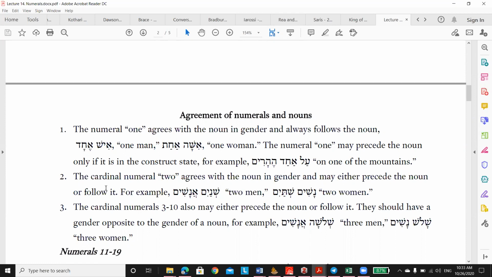And the cardinal numeral 2 agrees with the noun in gender, as we already noticed, and it can either follow or precede the noun. There is no difference. All other numerals from 3 to 10 can also be put either before or after the noun. But of course, if in a construct state, it should always precede the noun. It cannot go after the noun. Okay, I think it is clear.